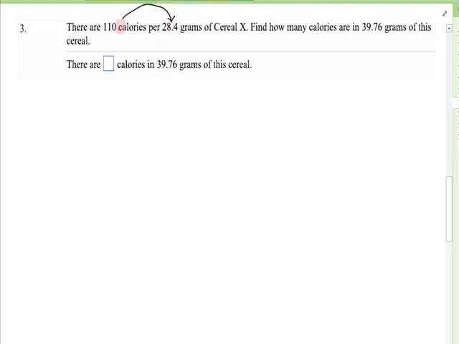So this is compared to that. 110, and I'm going to put an abbreviation for calories over 28.4, and I'm going to put a G for grams. Any kind of abbreviation that you want. Because when you say it's equal to another comparison, you have to put calories on top and you have to put grams on bottom because these are supposed to be equal.